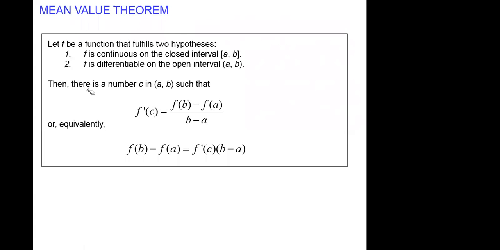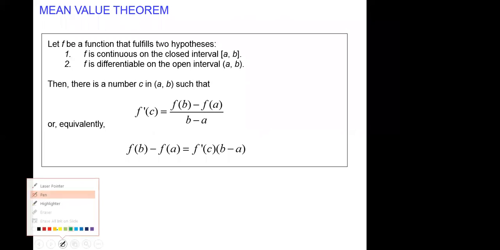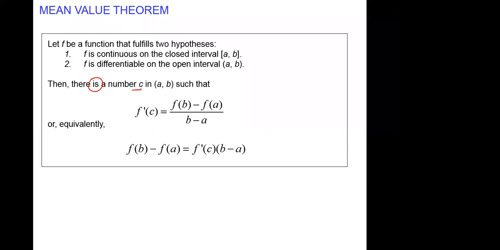Then there is a number c in the interval (a, b) such that the derivative at c is actually not 0, like it was for Rolle's theorem, but looks like this. You probably recognize (f(b) minus f(a)) over (b minus a). One thing that is different: the values at a and b don't have to be the same.